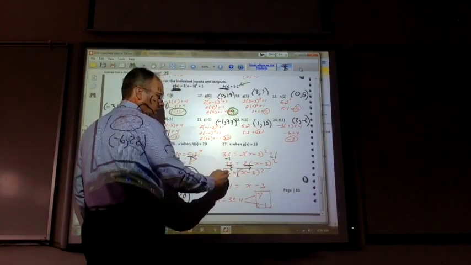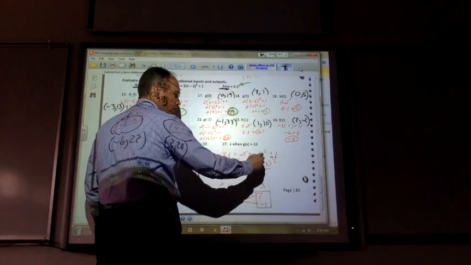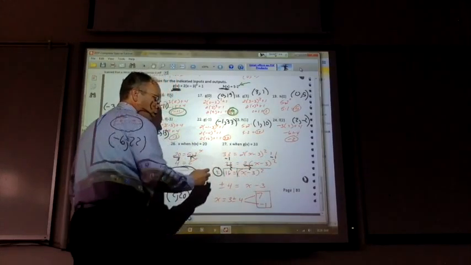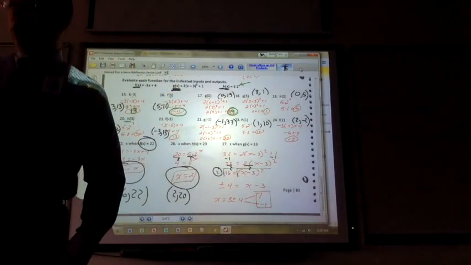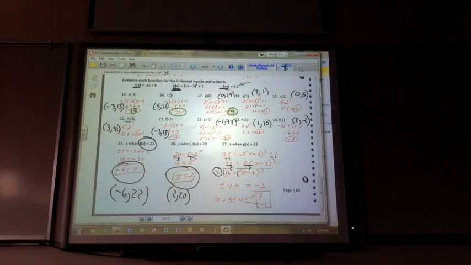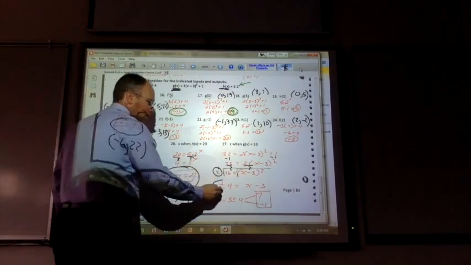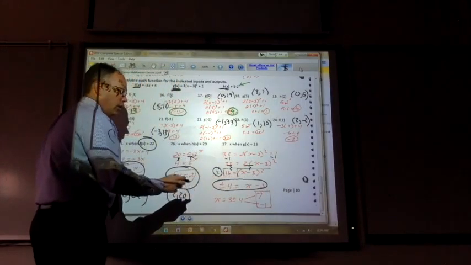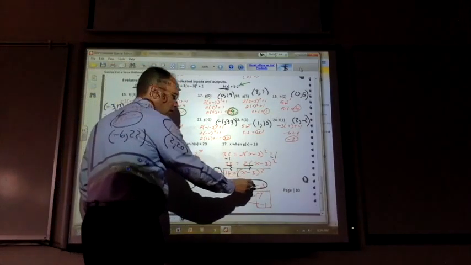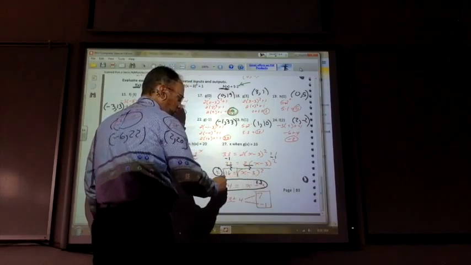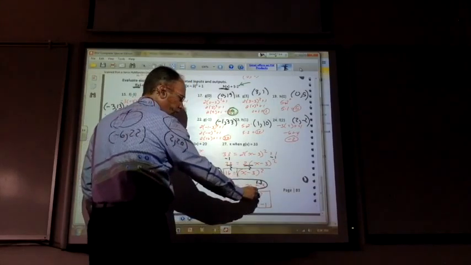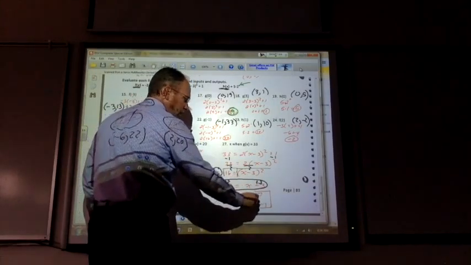That gives me the 16. And then I have to do the root. And remember, the square root gives you 2 values. It's related to the absolute value. So that gives me positive and negative 4 for an answer. So then I need to solve that. I'm going to add 3 to get x by itself. 3 plus 4 is 7. 3 minus 4 is negative 1.